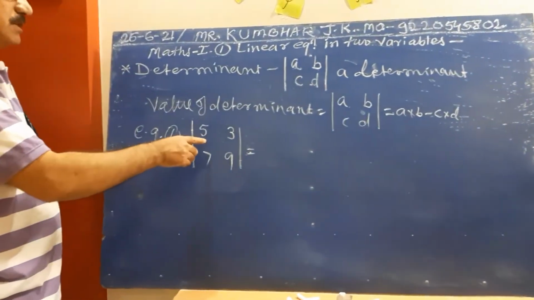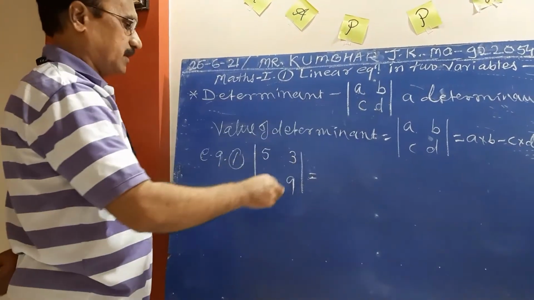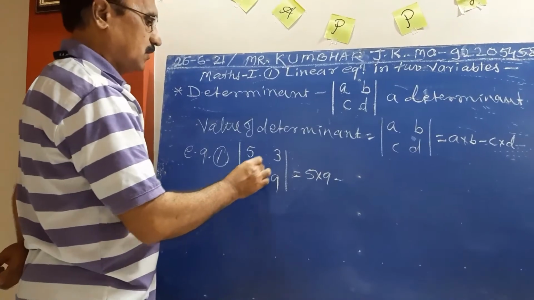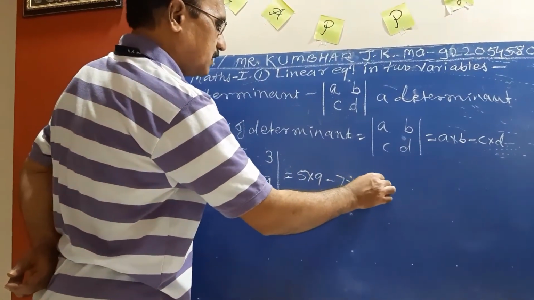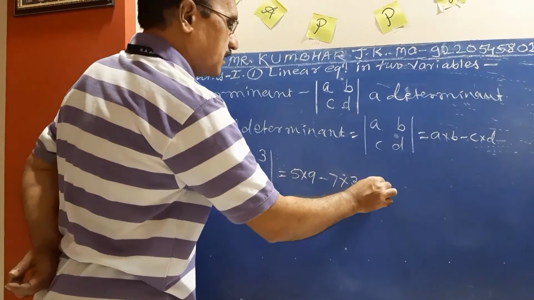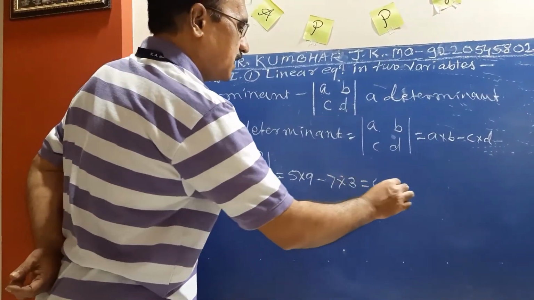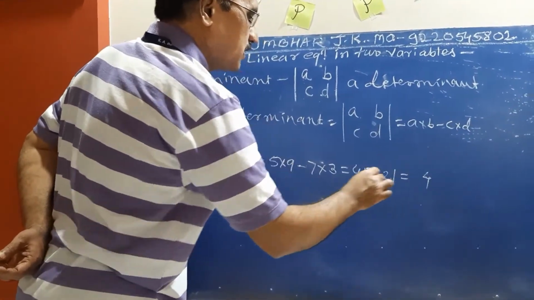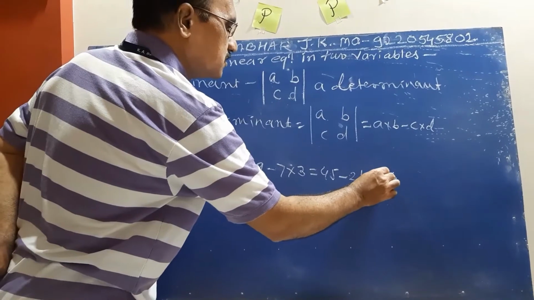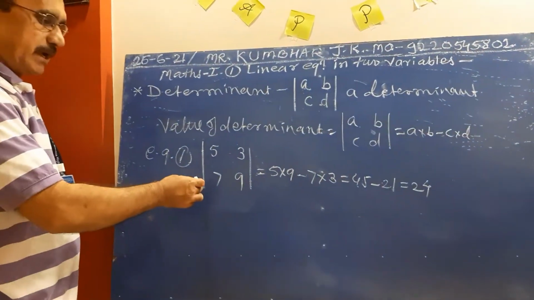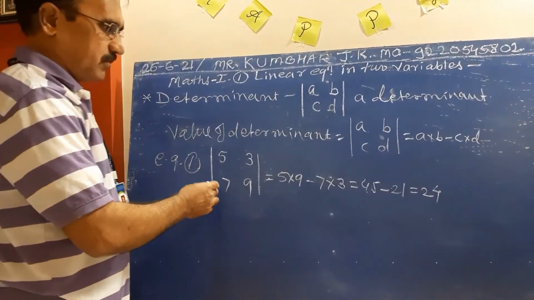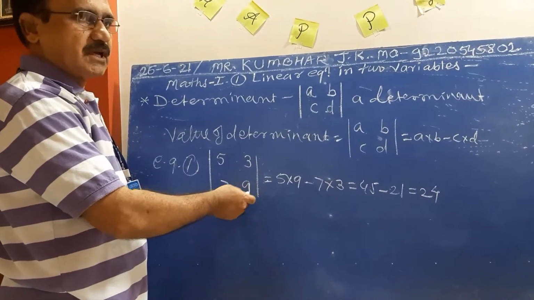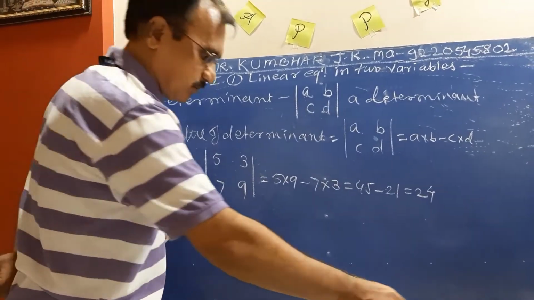We can find the value of this determinant according to that formula. 5 into 9 minus 7 into 3 is equal to 5 9s are 45 minus 7 3s are 21. 45 minus 21 is 24. 24 is the value of this determinant, and we can find the value of a determinant in such a way. This type of example carries 1 mark in the board question paper also.